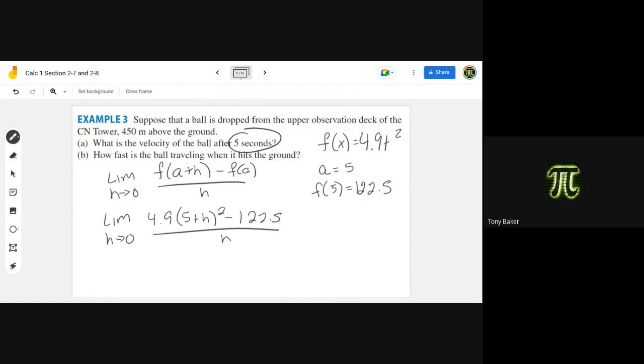It goes to 0. All right, so simplify that out.